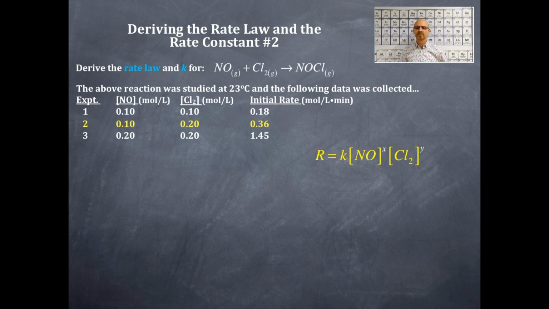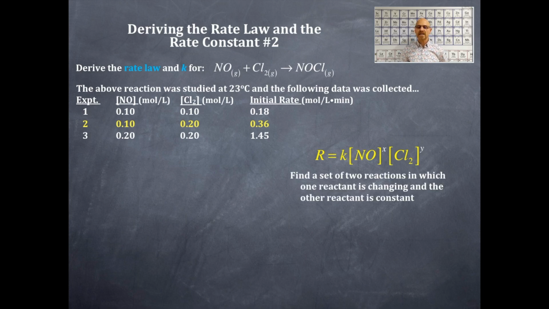Very simple here. We're going to find a set of 2 reactions in which one reactant is changing and the other reactant is held constant. On the previous example, there was only one reactant, so it was very easy. This time there are 2 reactants. The easiest thing to do is look at 2 experiments in which one of the reactants is being held constant.